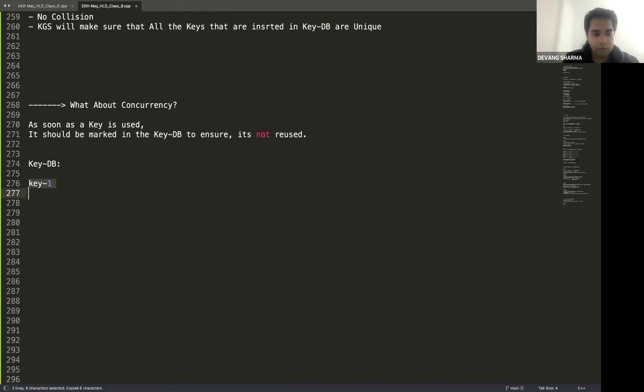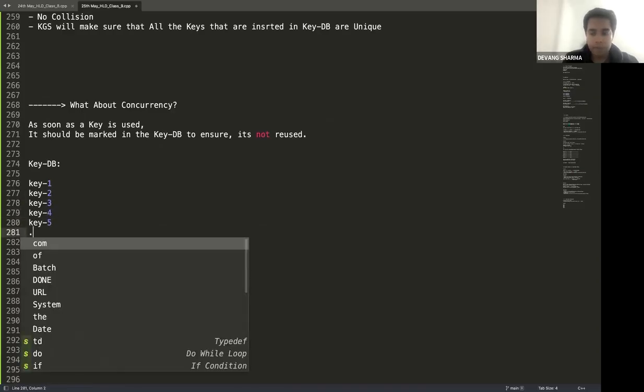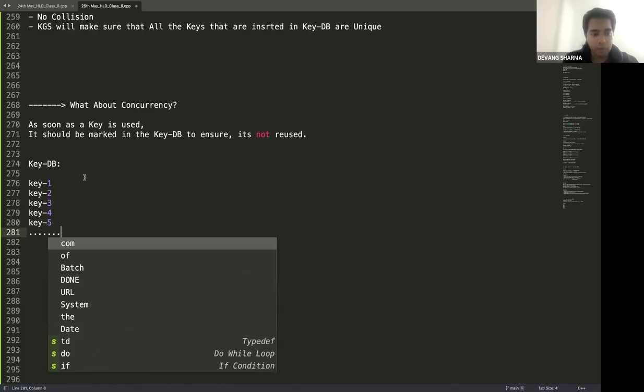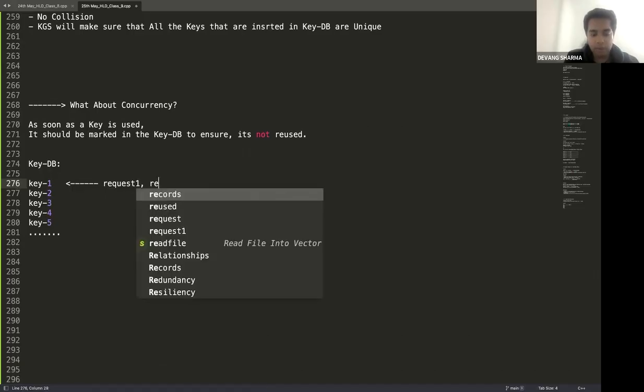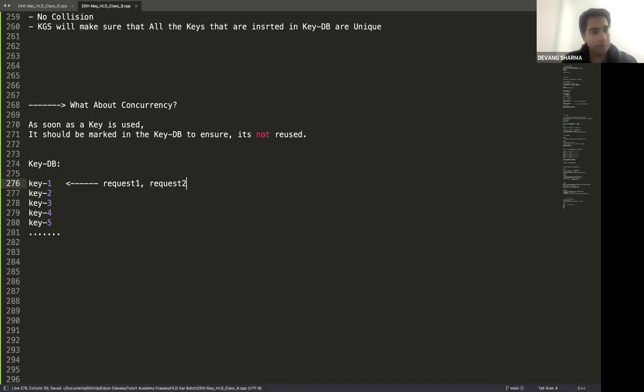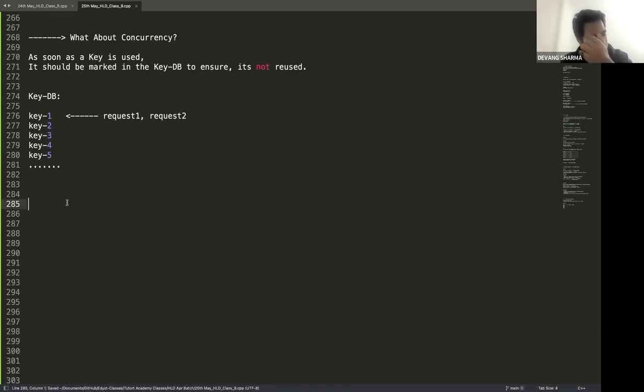We got key 1, key 2, key 3, key 4, key 5, and we have this key database. Now two requests come together, let's say request 1 and request 2. Two requests come at the same time, which is a very high possibility. How would you determine which request will get key 1?